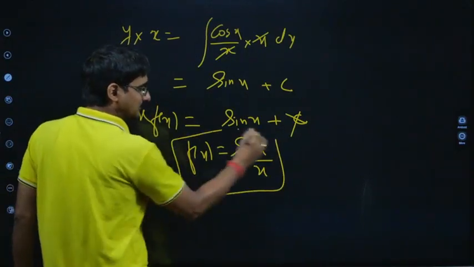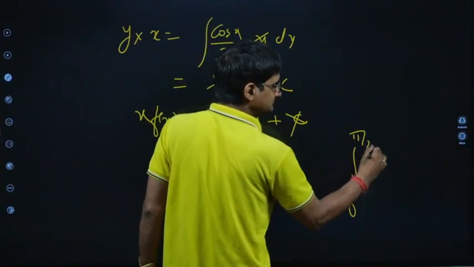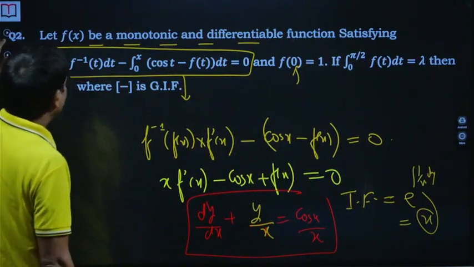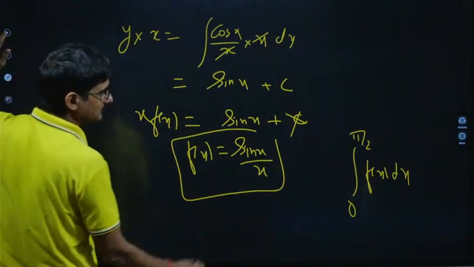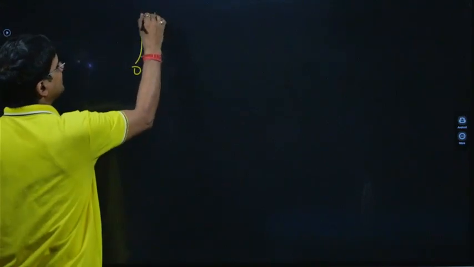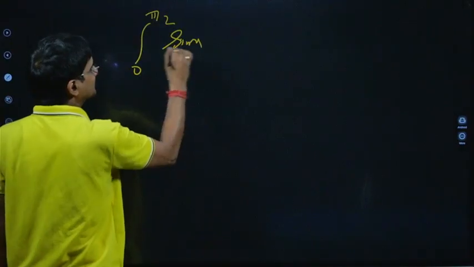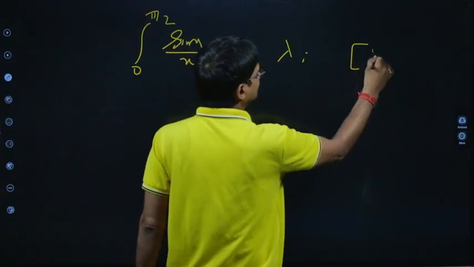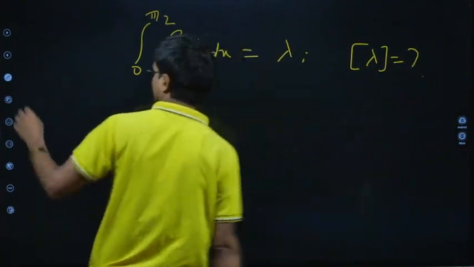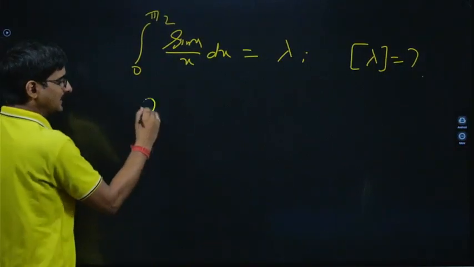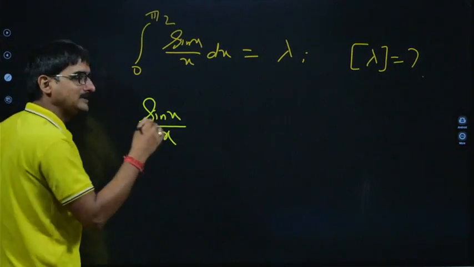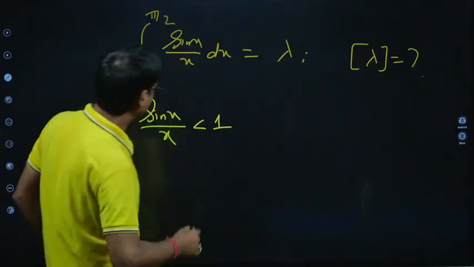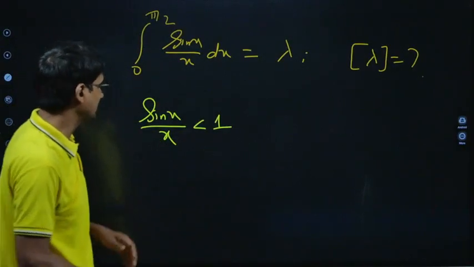That's it. Okay, so now they have asked the integral of fx from 0 to pi by 2. Estimation, see, we can't integrate it directly, I believe. So it's the integral from 0 to pi by 2 of sin x by x dx. They have said, let this be delta, then the greatest integer of delta is. Okay, so now we know that sin x by x in any case is less than 1, of course between 0 and pi by 2, it's less than 1 always.